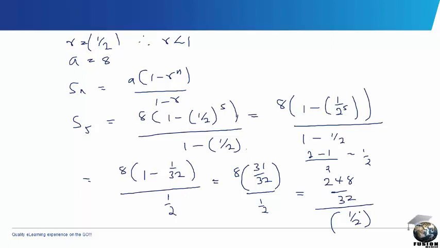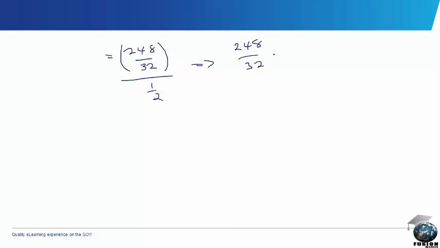Over to the next slide, we have 248 over 32 being divided by 1 over 2. We can convert this division to multiplication, and it becomes 248 over 32 times 2.